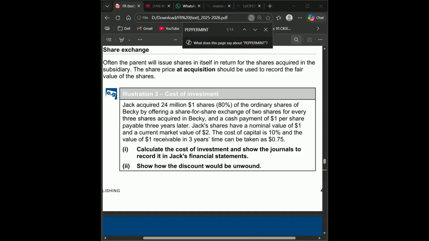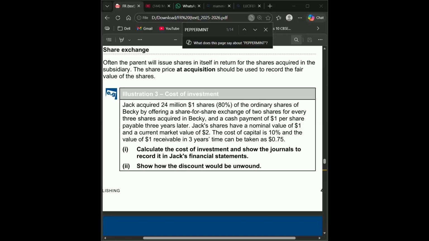There is no condition, right? A contingent consideration is a consideration that will be payable based on certain conditions. Here, is there any condition? No, right? So it is a deferred consideration.